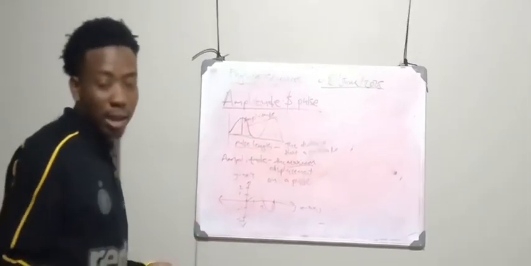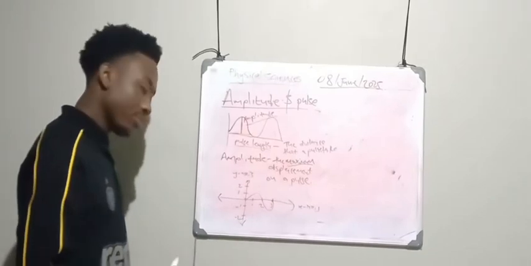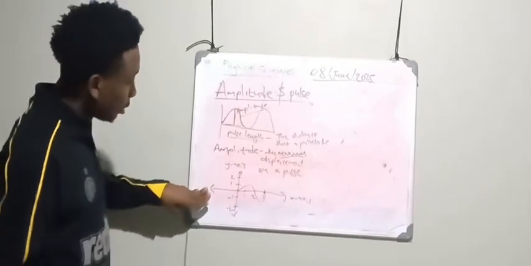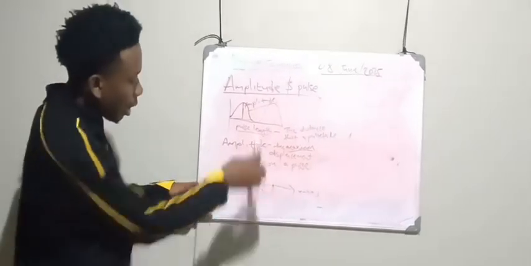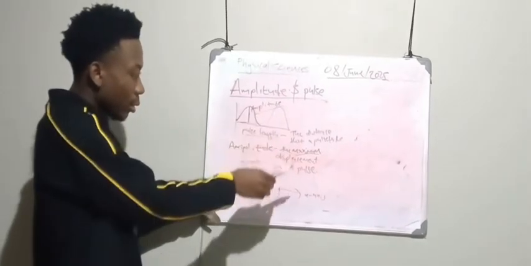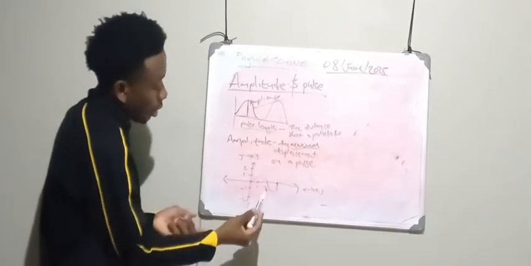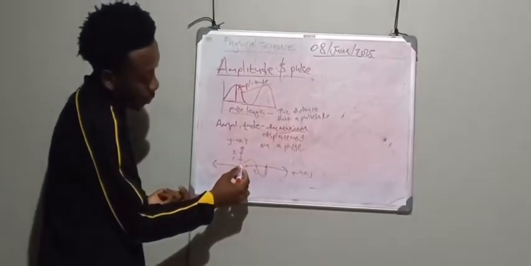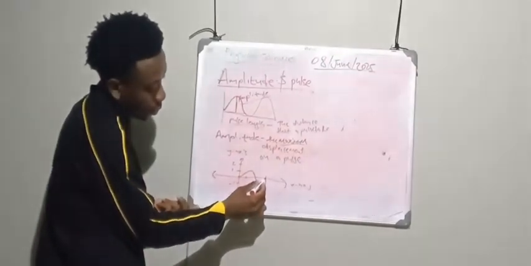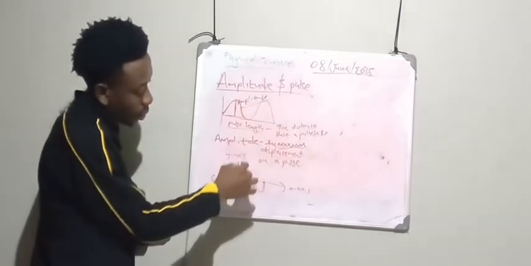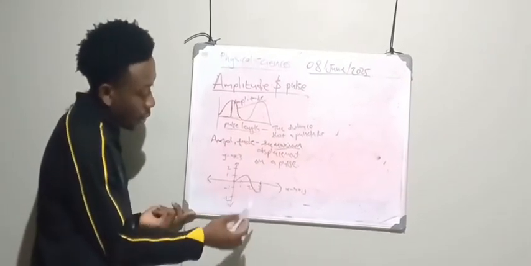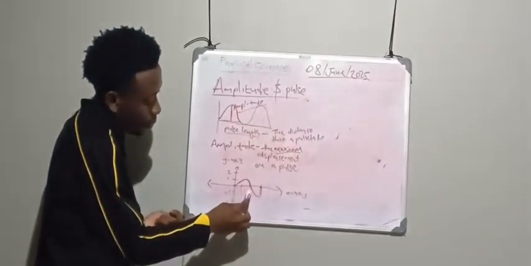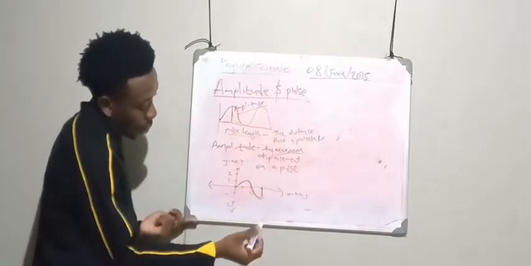And I give you the question, what is the amplitude on our graph here? Since I've told you it's the movement of a pulse, we can determine our amplitude by the magnitude that we have on the graph. Our pulse moves from 0, and it moves to here.